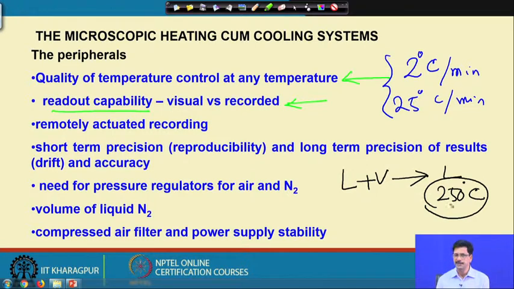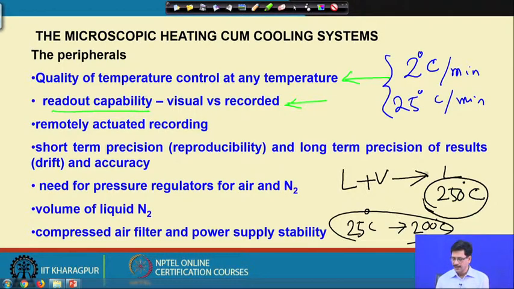So, when I have to record the temperature of 250 degrees Celsius, going from room temperature of 25 degrees Celsius to almost 200 degrees Celsius, this could be done at a much faster rate, even going up to 20 degrees centigrade per minute or even more than that.